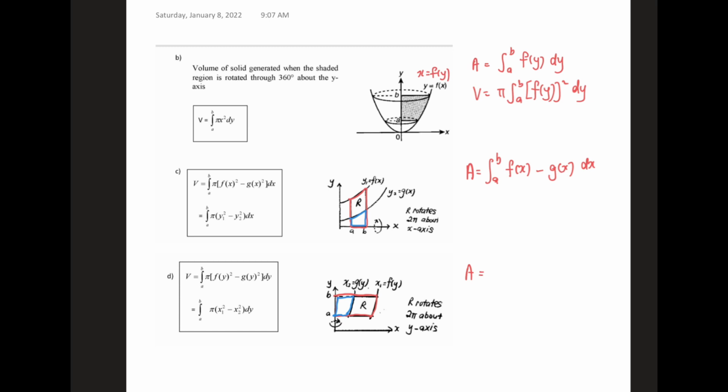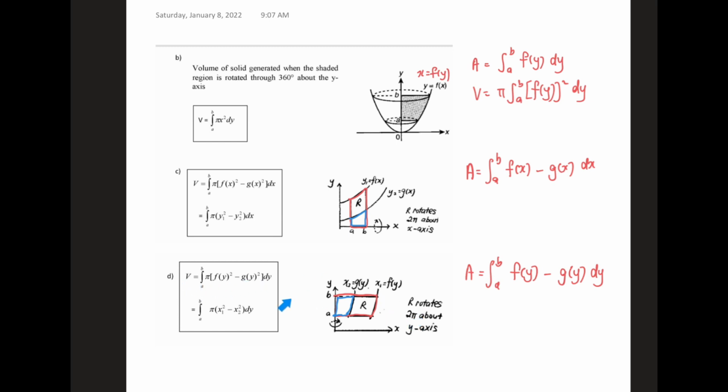I always build up from area, because if you understand area, then volume is just similar. You integrate A to B, f(y), the red color area, minus g(y). So we find it in this way for area.